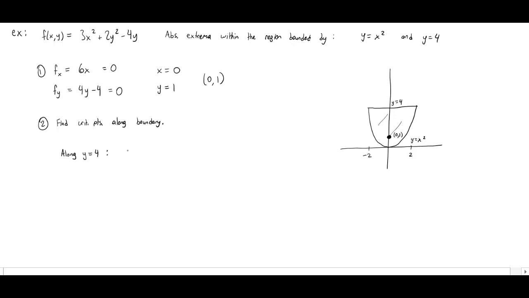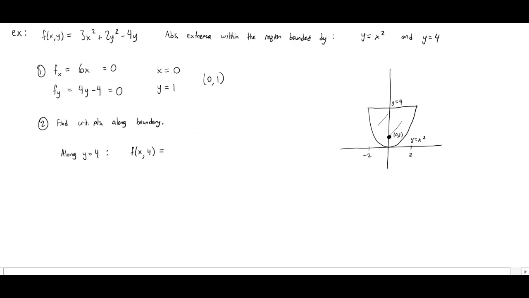In the previous question, I parameterized the circle and plugged in the parametric equations. Here I'm going to plug in the equation of my boundary, which is y equals 4.